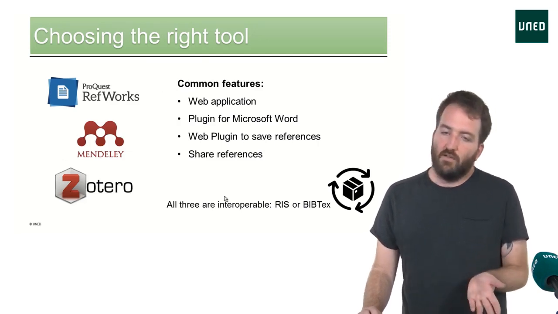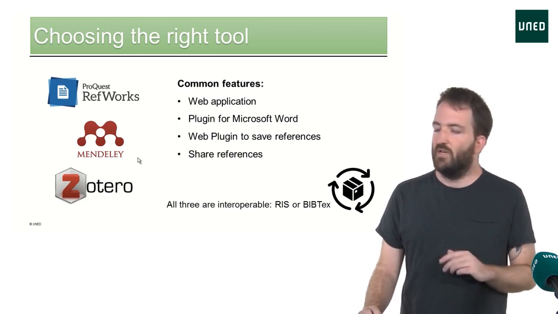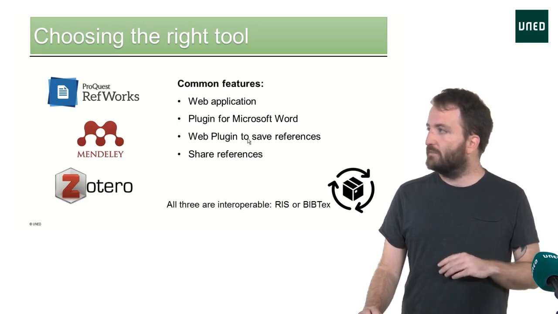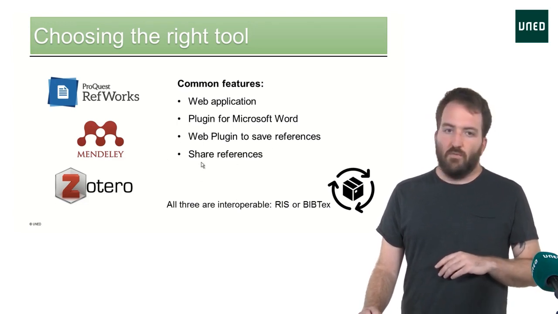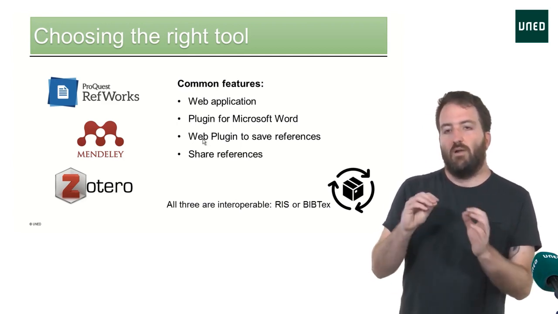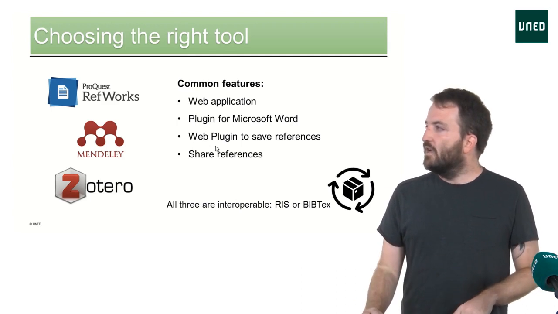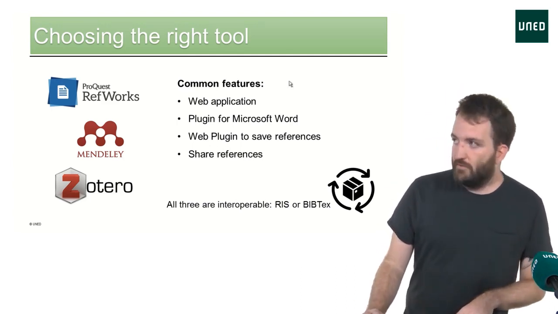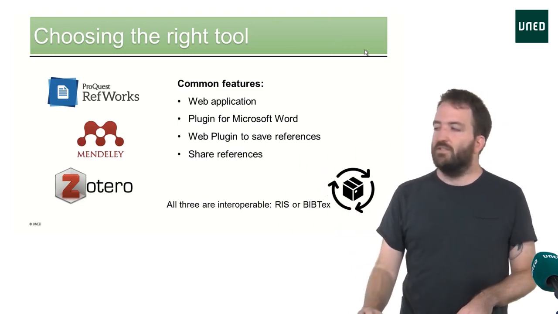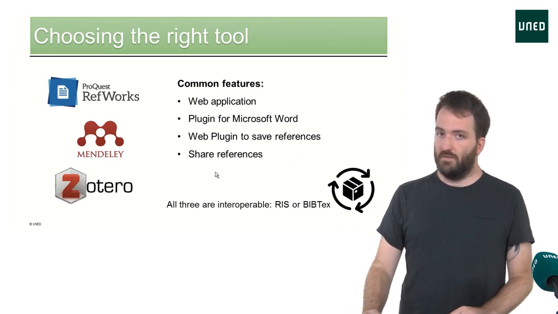So let's look at some characteristics of each one of them. As we mentioned before, they are very similar in some aspects. They all have some common features. They all work on a web application. They all have a plugin for Word to insert citations. They have another plugin for the web importer, so we can import references from our internet browsers, and we can all share references.